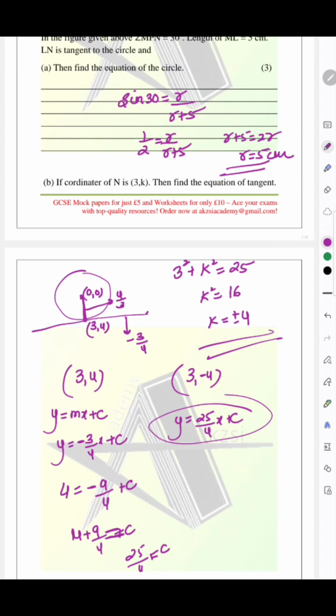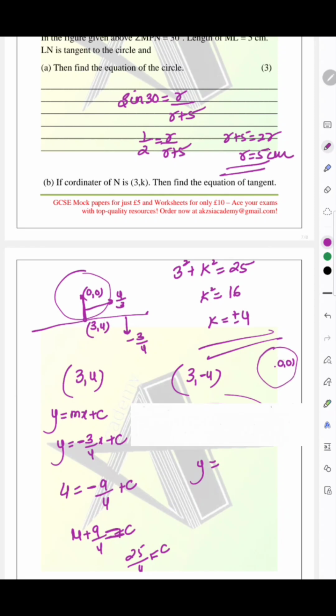The second equation of tangent can be calculated using the coordinate 3, negative 4. If this is the circle and this is 3, negative 4, the gradient of the radius will be negative 4 over 3.